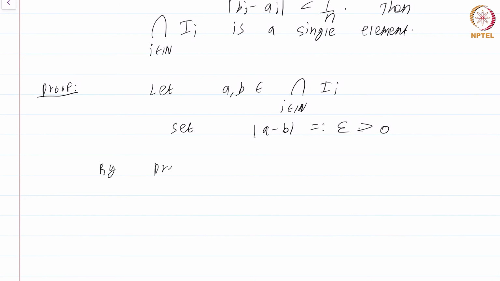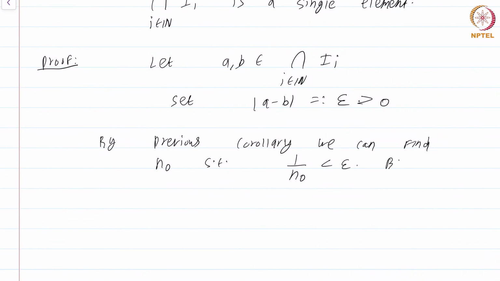By the previous corollary, we can find n naught such that 1 by n naught is less than epsilon.